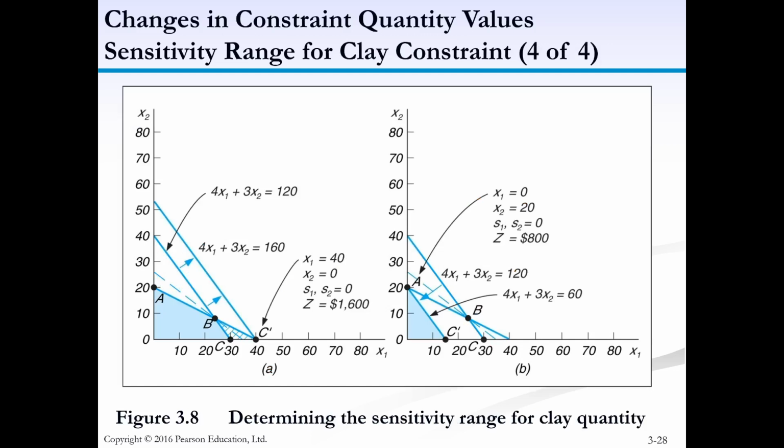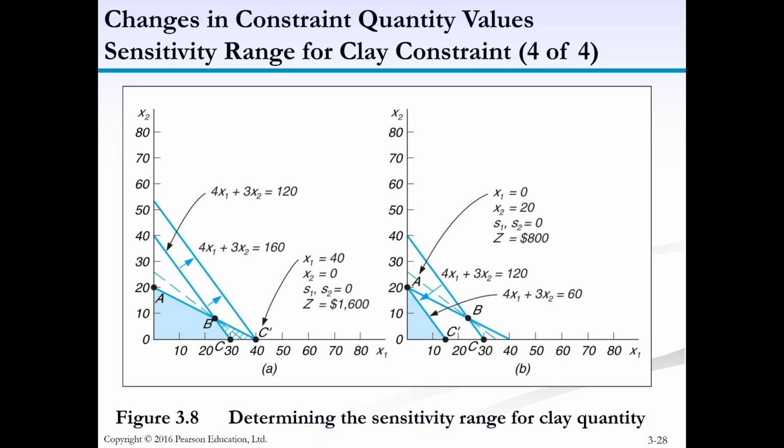Now this is the second constraint, and if we want to establish how much the right hand side value can change without changing the optimal basis, again we move this by increasing.